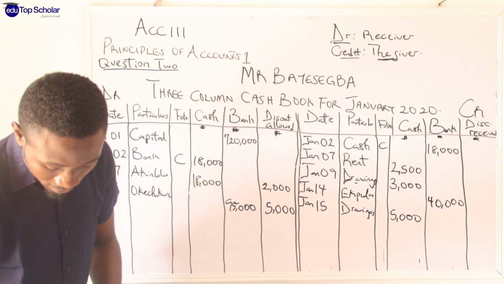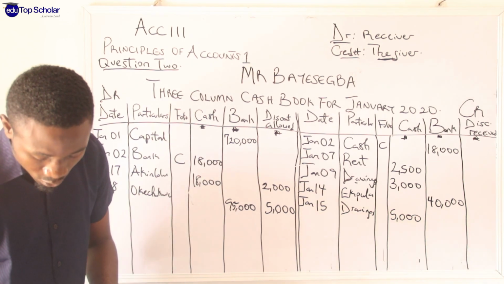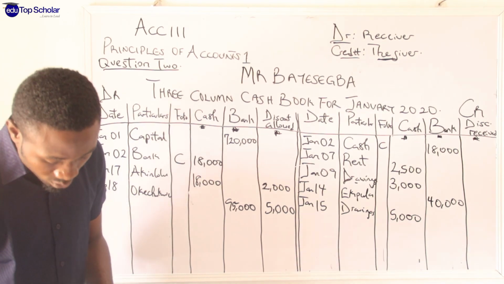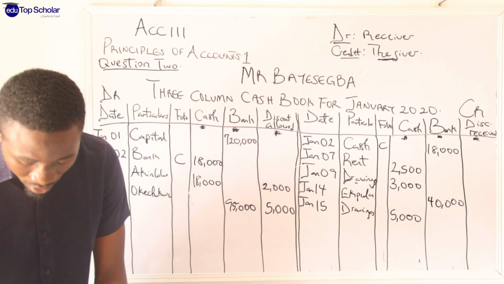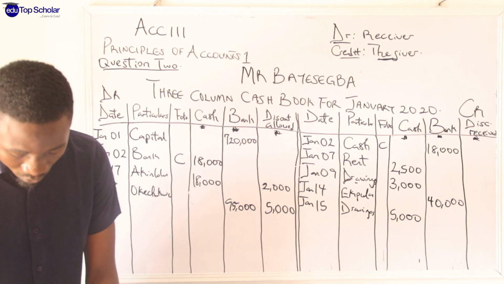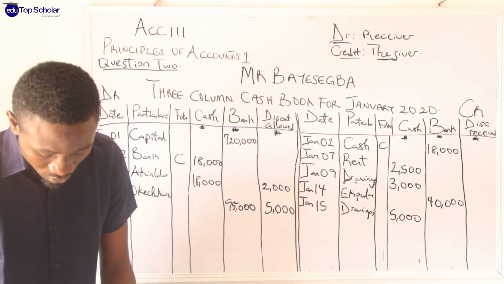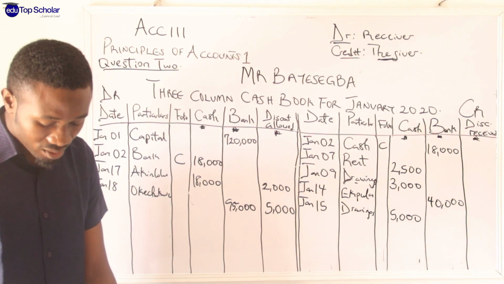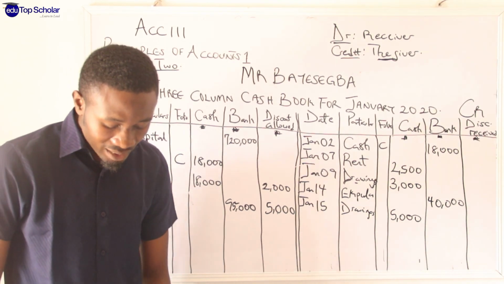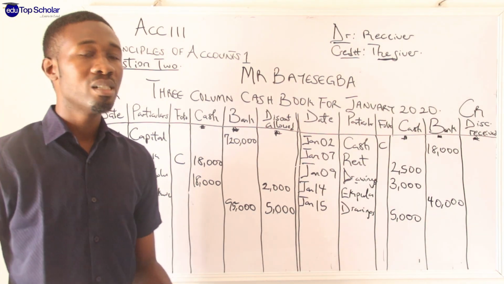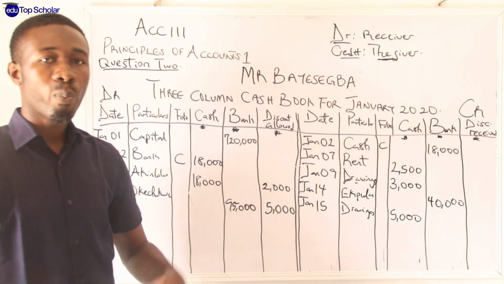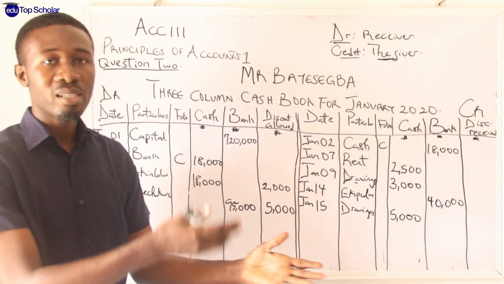So the next is January 20. On January 20, they said he purchased a second-hand car from Mazoma Motor by check, 100,000 naira. So in this case, we need to identify if we are the giver or the receiver. And we know that when we purchase an item, we are expending money.